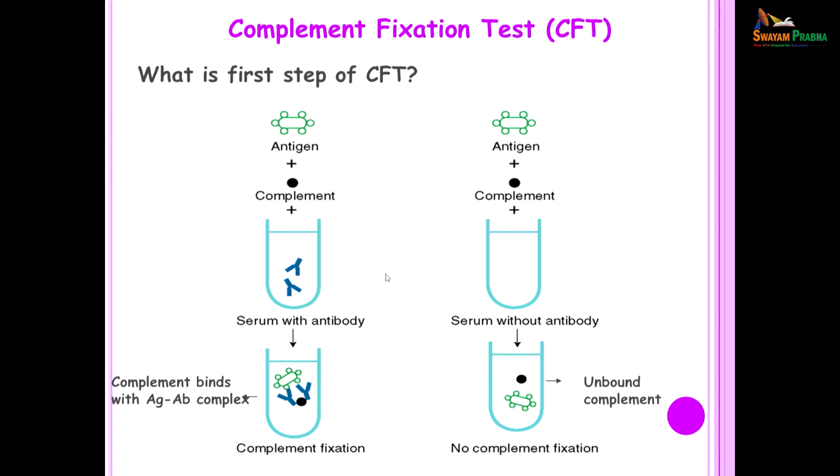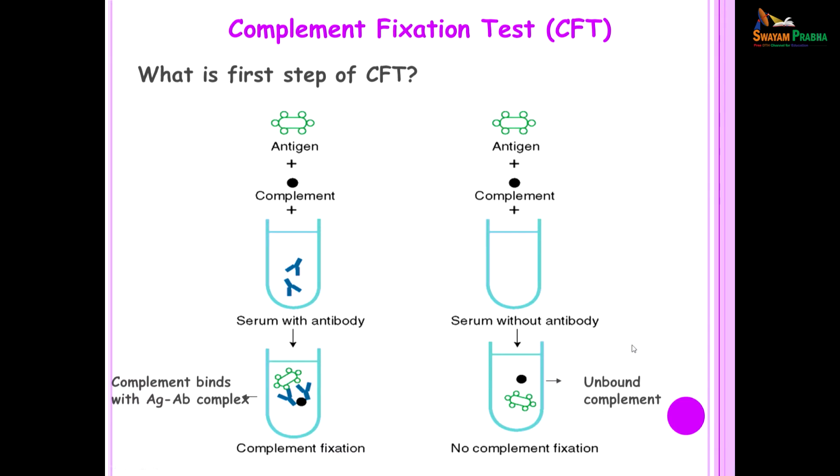So, what happens is that you have the patient serum in which you are looking for antibody, to which you will add the known antigen and complement. Now, if antibody is present, an antigen antibody complex will form and all the complement will get used up. If antibody is absent, the complement does not get fixed.